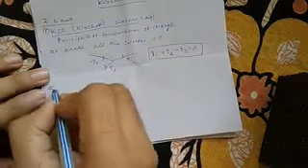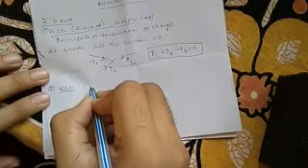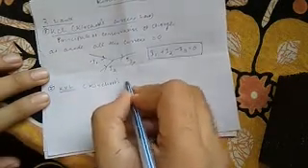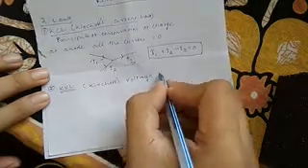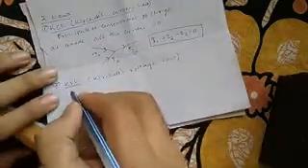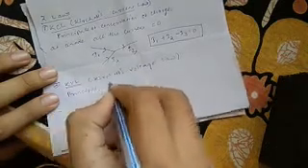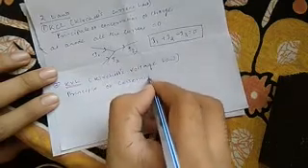Then we will see KVL, Kirchhoff's voltage law. Actually, this is also very easy. This is the principle of conservation of energy. Okay, these 2 points are very important short questions.